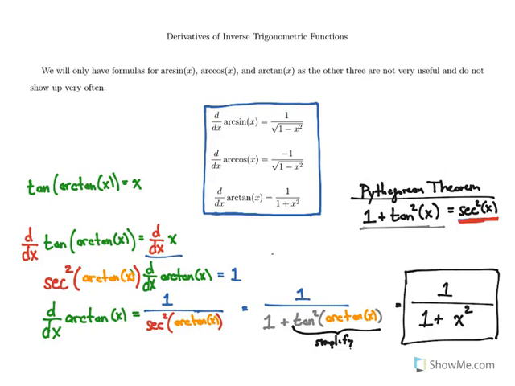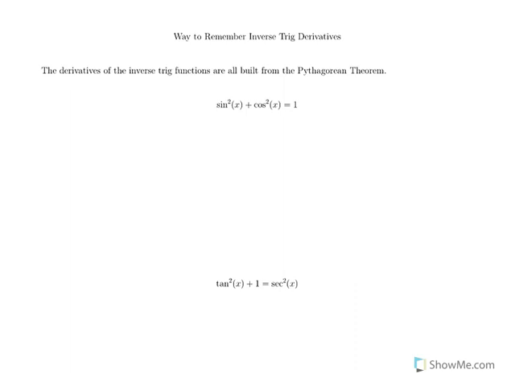So one more thing is, how can we remember these derivatives? And to me, it all comes from that Pythagorean theorem that we just used, tangent squared plus 1 equals secant squared, or sine squared plus cosine squared equals 1. So first, let's look at sine and arc sine. We're going to think about the derivative of sine, which is positive cosine.